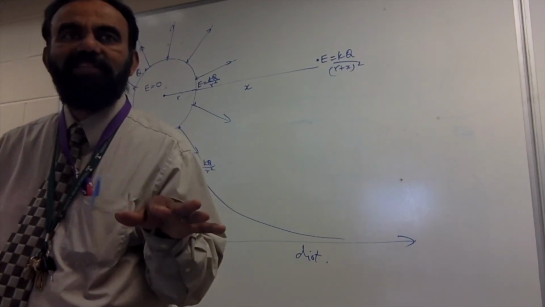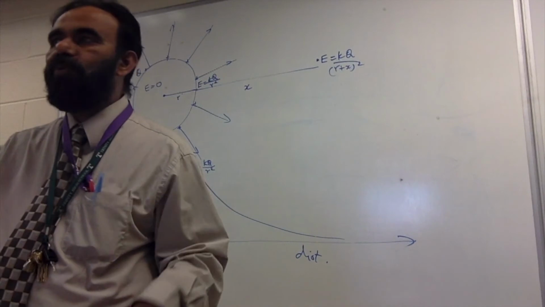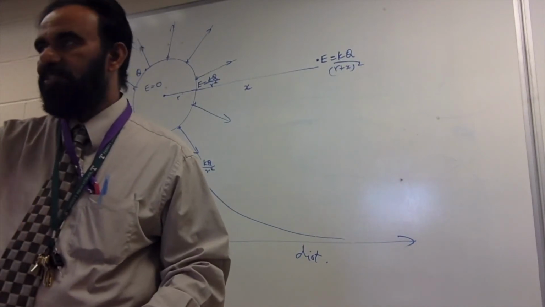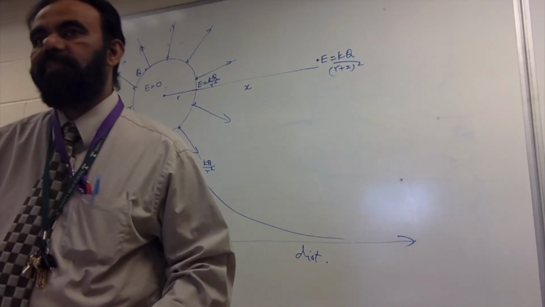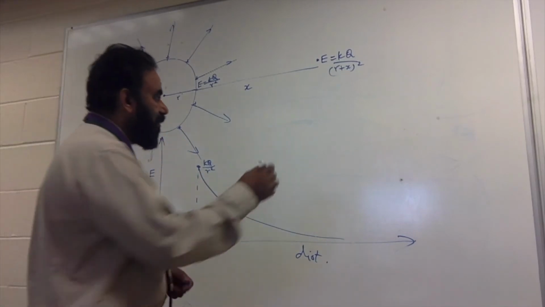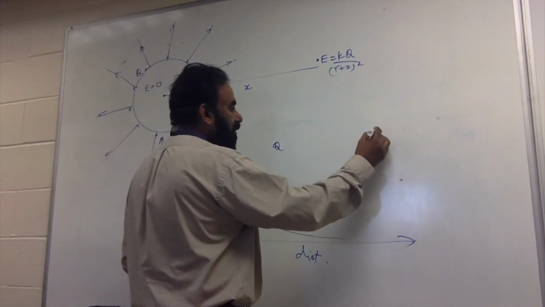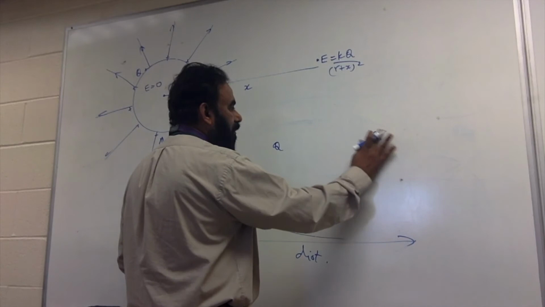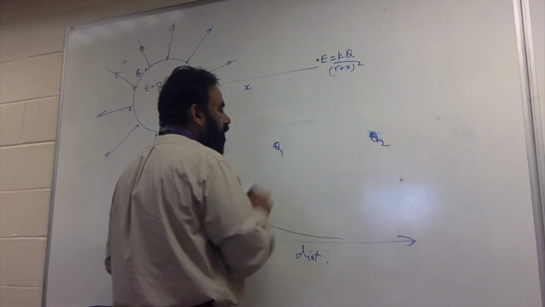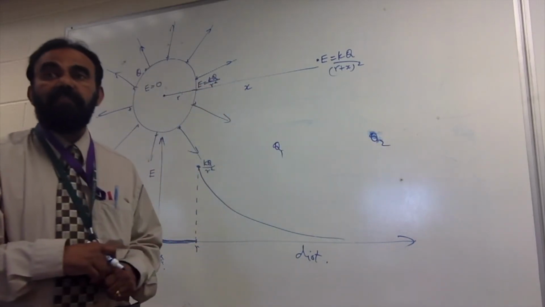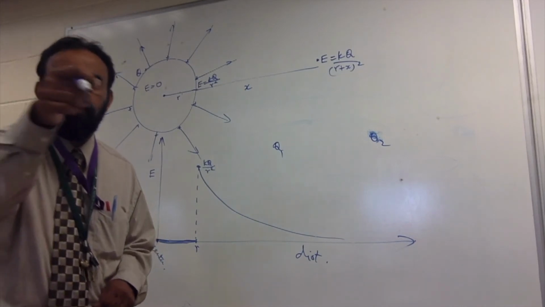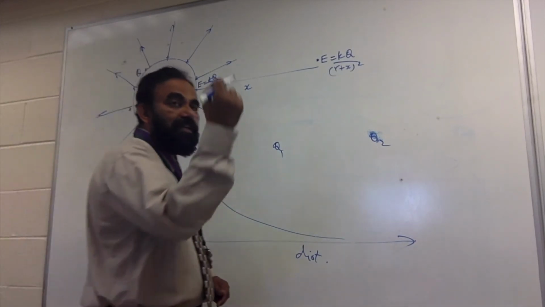So you do exactly the same thing as what you've done earlier, but you won't have a third charge, but instead just a point. You know what I'm talking about. So if you have a charge here, and if you have a charge here, where is the electric field zero? So you don't have to bring a charge Q, instead you bring in a unit charge.